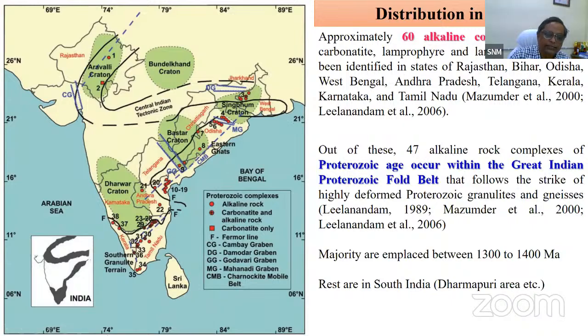They are concentrated in that Dharmapuri rift zone. So, this is the distribution of alkaline rocks.